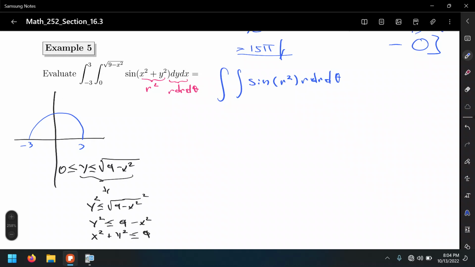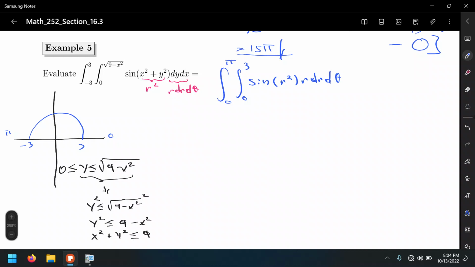Well, in this case, for the innermost, so for the radius, we go from the very center, which is radius equals 0, to the outermost, which is 3. But for the angle, since we are only looking at the upper semicircle, this is varying from 0 to just pi.